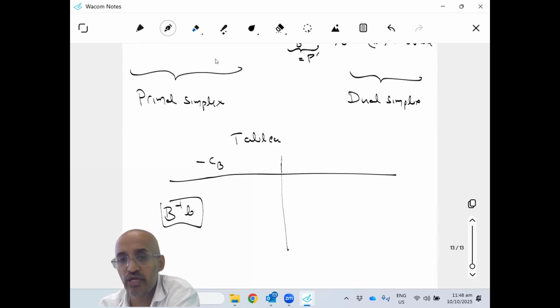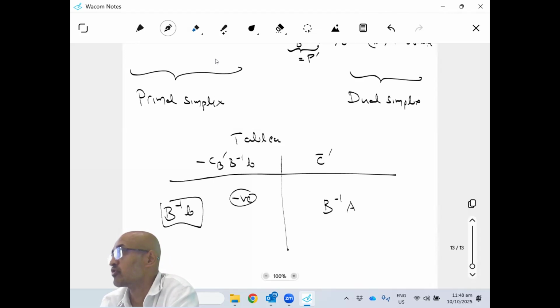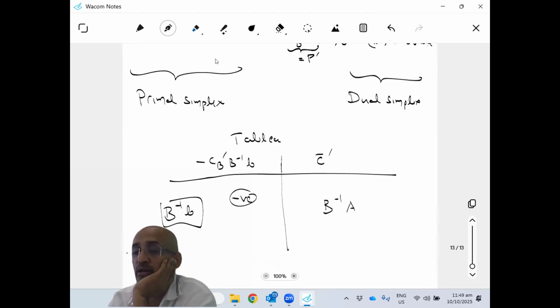You keep track of the same things, except here one of the basic variable entries will be negative. So we're going to first identify the exiting variable, and then do a ratio test, similar to primal simplex, to find the entering variable. So instead of first finding the entering variable and then the exiting variable, you're going to go in this direction.